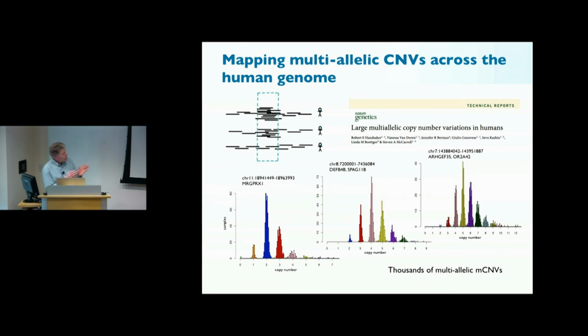What these histograms are showing is, across 1,000 people, what the different copy number states are at certain loci in the genome. For example, at these loci, maybe most people have 4 copies instead of 2, but a lot of people have 3 copies or 2 copies or 7 copies of a particular gene. So there's a great deal of variation in the human population in terms of just how many copies of this gene each of us have.